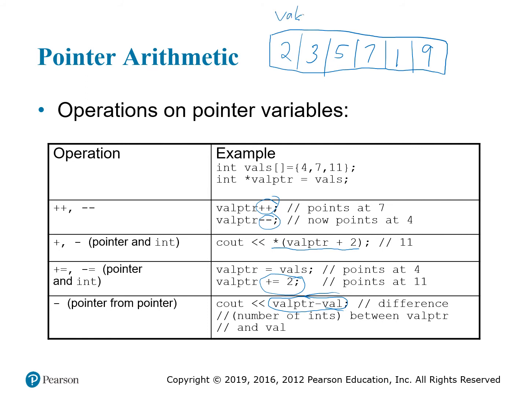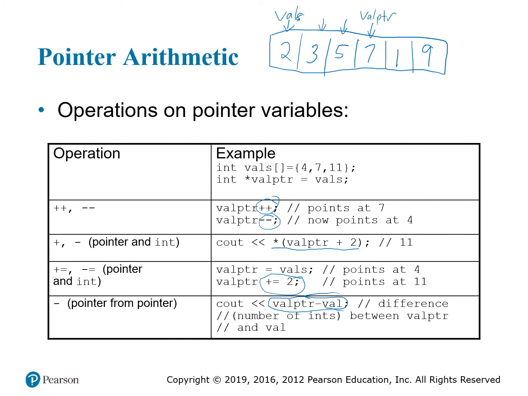Vals permanently points to the first one, even if you use the square bracket notation to get something else out of it, it still points to the first one. But if you use valPointer++, then it points here. Check for 3. Let's say we're looking for number 7. Check here, sees 5. Check here, sees 7. Aha!